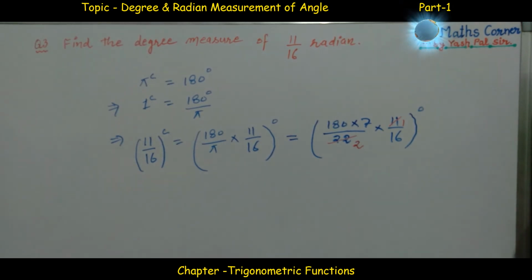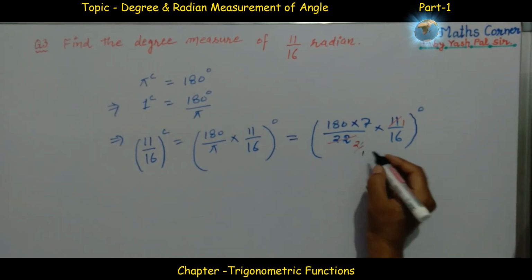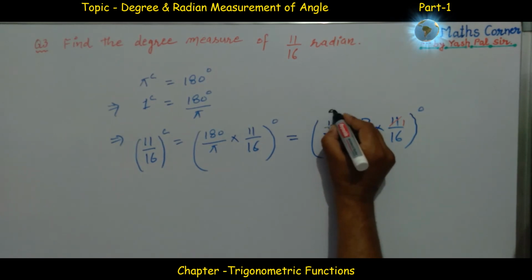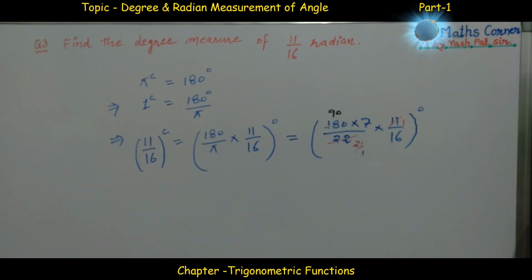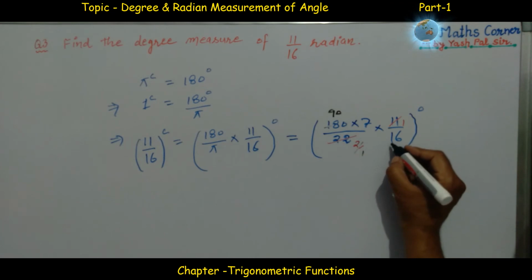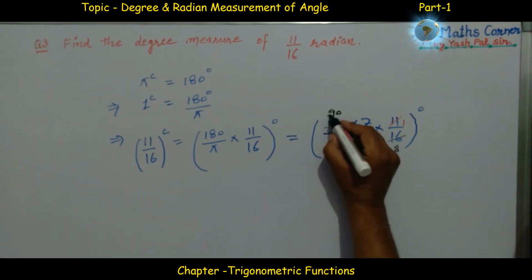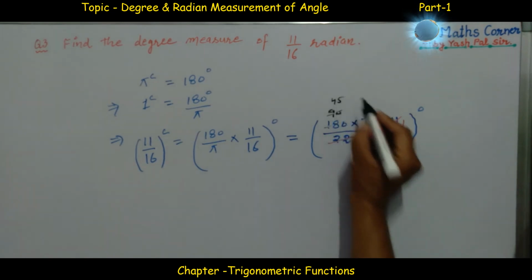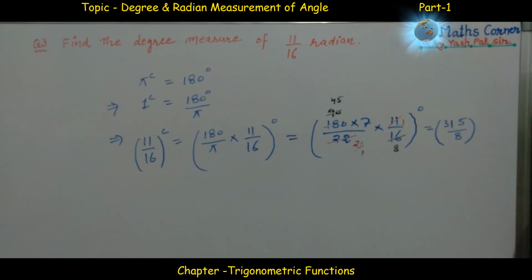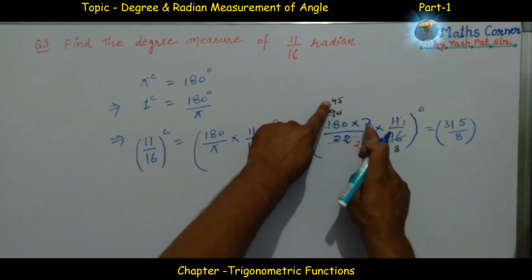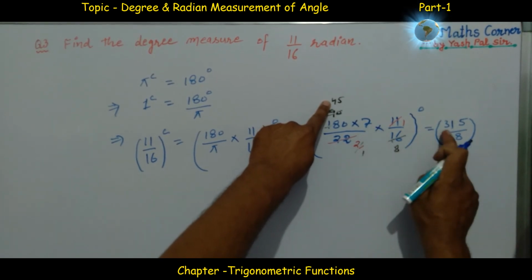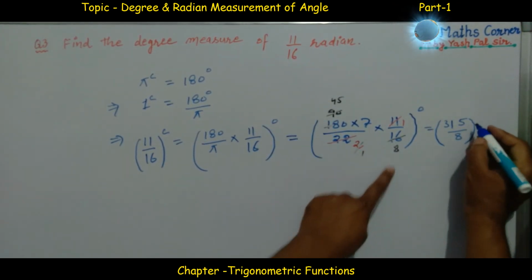Again 2 ones are 2. Here 90 twos are 180. Here again 8 twos are 16. This is 45. Finally multiplying 45 and 7, 315 divided by 8 degree.